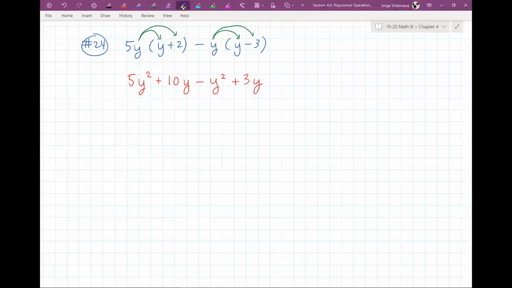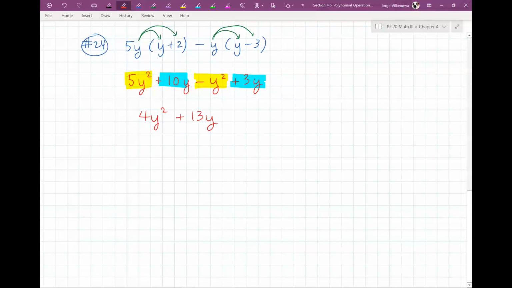Now you should be able to see that the 5y squared and the negative y squared are like terms. And the positive 10y and the positive 3y are like terms. So add your like terms together. 5y squared minus y squared is 4y squared. And then 10y plus 3y is positive 13y.